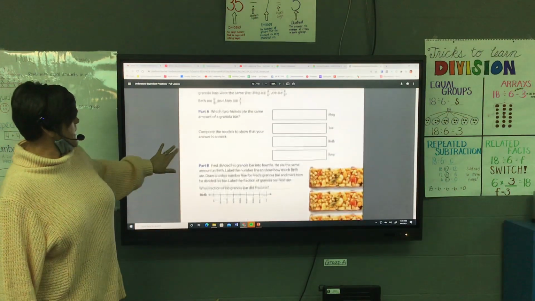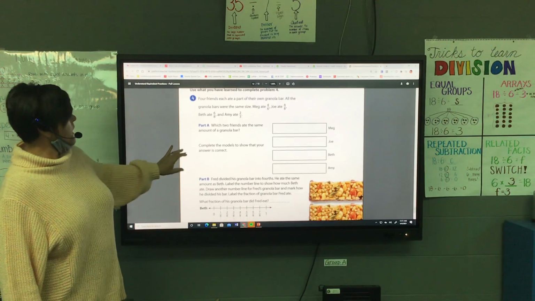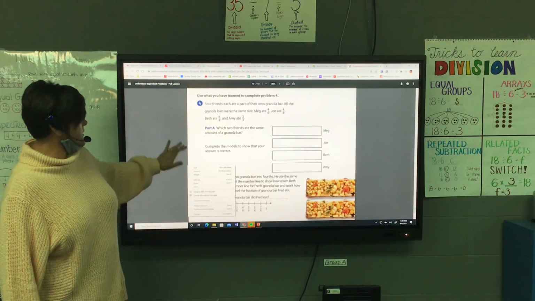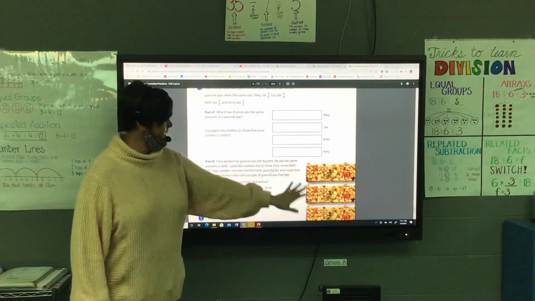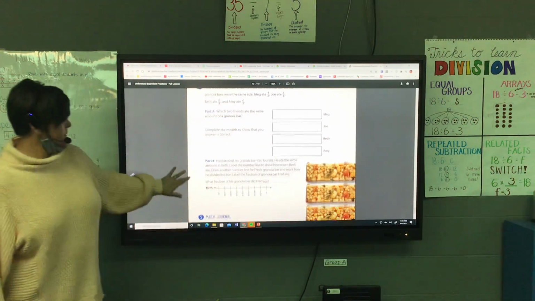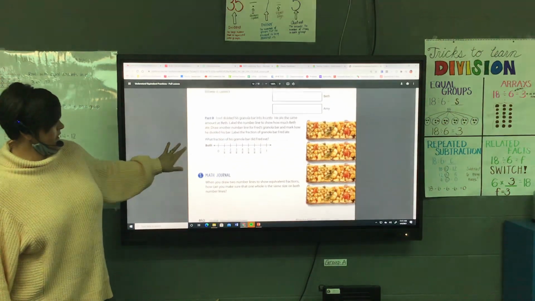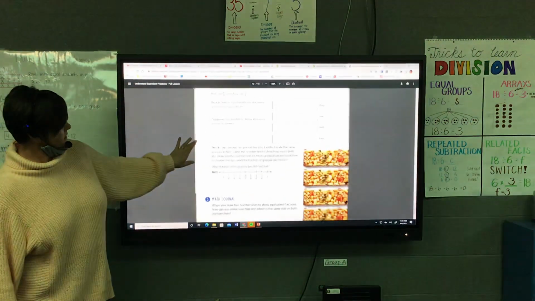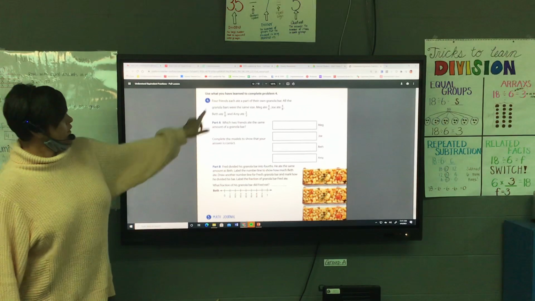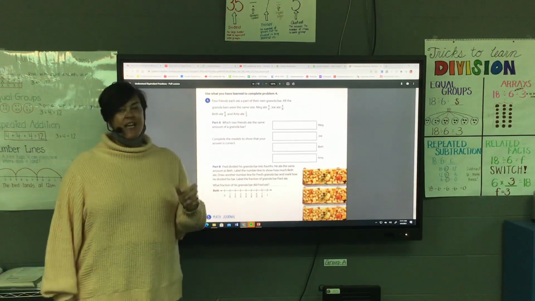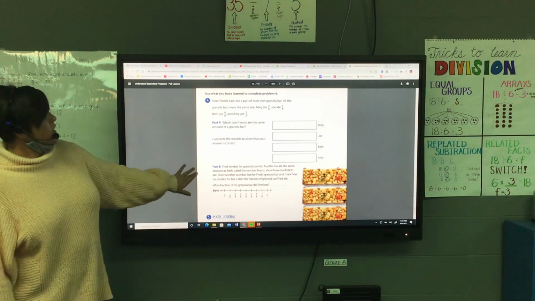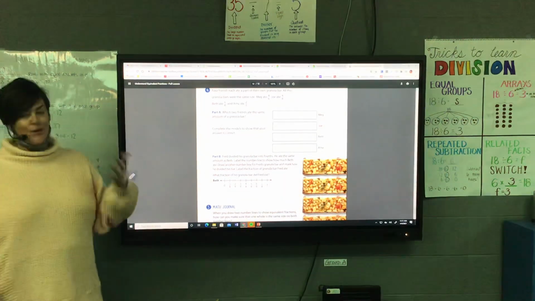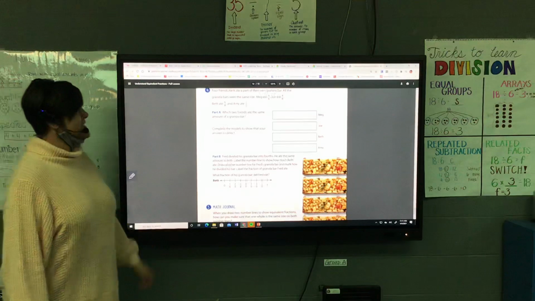All right, so problem 4 has 2 parts to it. There's this part A and this part B down here, okay? 4 friends each ate a part of their own granola bar. All the granola bars were the same size.